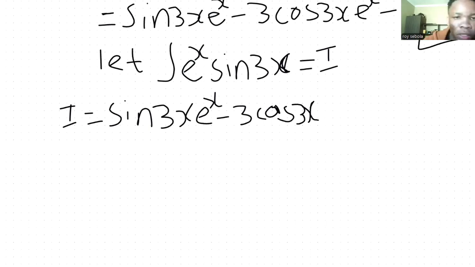Now, remember we said the integral of e to the x sine 3x is equals to I. So we have minus 9I.